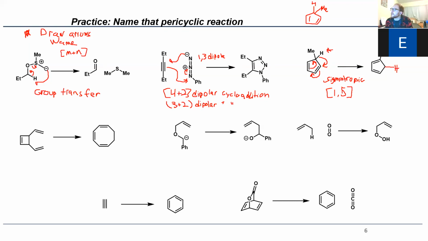I'm just thinking if there's another way you could draw it to give the same outcome, and I don't think there is. You're right that the hydrogen atom seems to be moving just 1 position, but the movement of the electrons is across the 5 atoms of the pi system. So it's a 1,5 shift. Good questions.